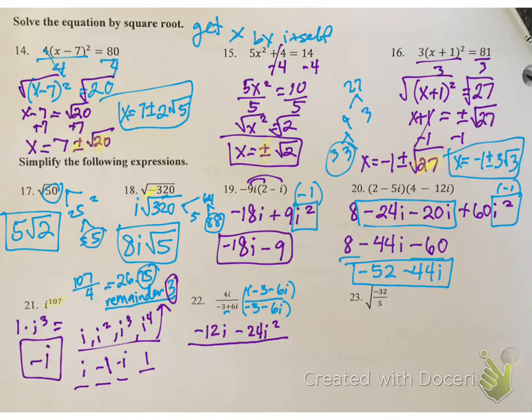Then on the bottom, I'm going to have to FOIL it. When I FOIL on the bottom, I get a positive 9, then plus 18i minus 18i. You'll notice that the middle will cancel. Minus 36i squared.